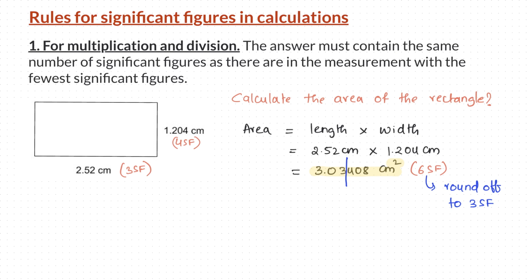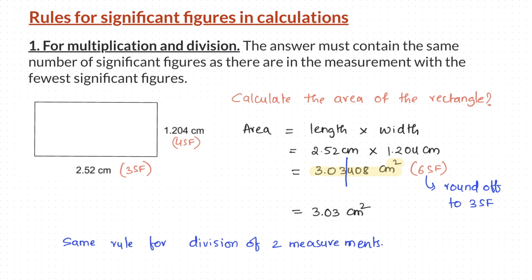Therefore, we need to round it down. The rounded off value for the area of rectangle is 3.03 centimeter square. We follow the same rule for determining the significant figures in a final result that involves a division of two measurements. In the next slide, we will discuss the rules for addition and subtraction of two measurements.